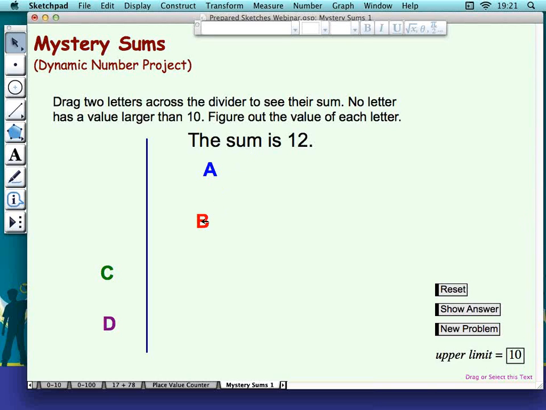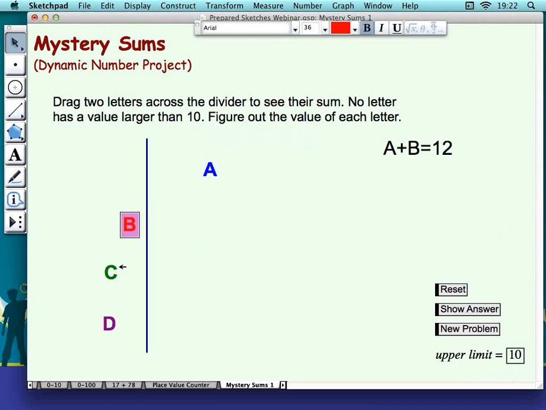So we know something about the numbers now. Okay, what if we dragged a 3rd number across? Oh, we only get the sum if we have 2 letters over there. All right, so A and B makes 12. A plus B gives 12.